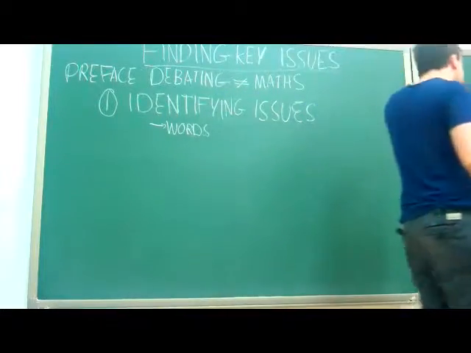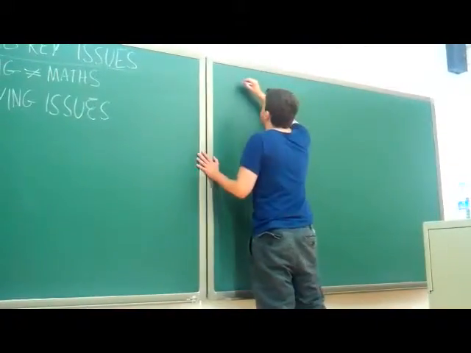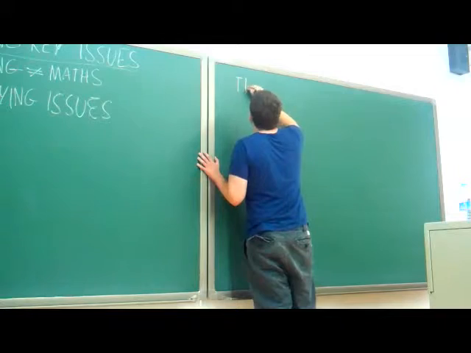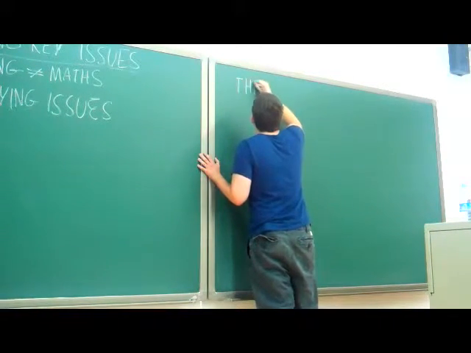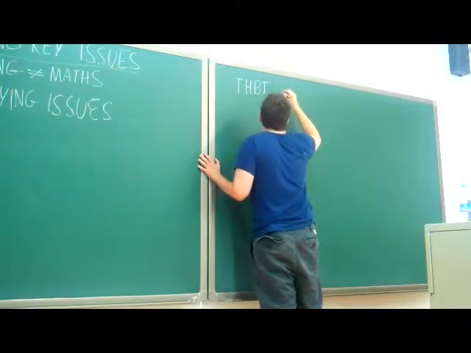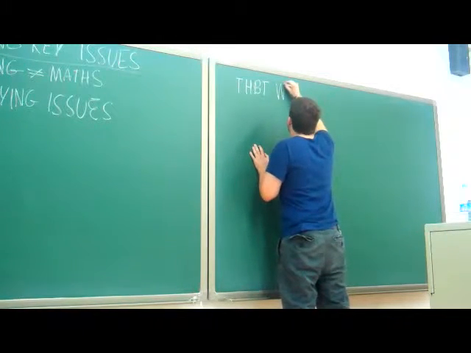Now, to give an example, let's take this: this house believes that Western countries should make development aid conditional on population control.